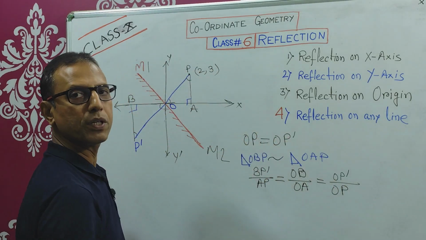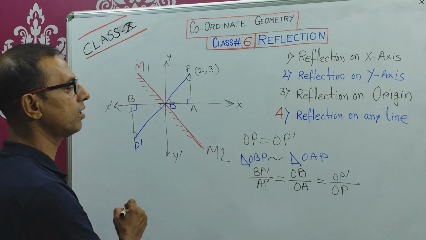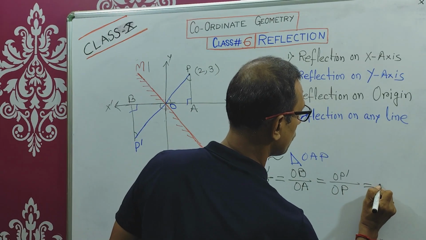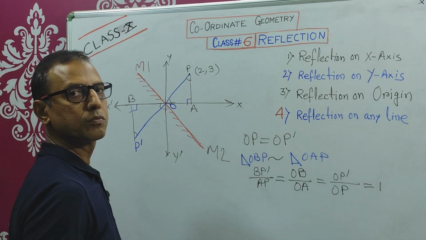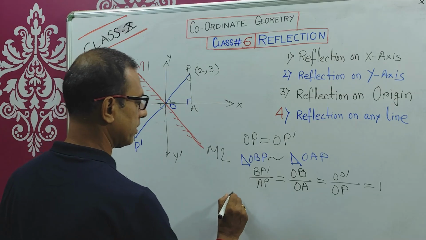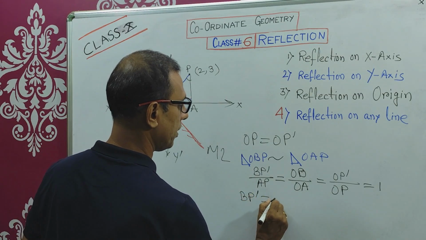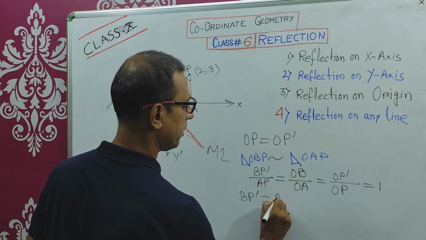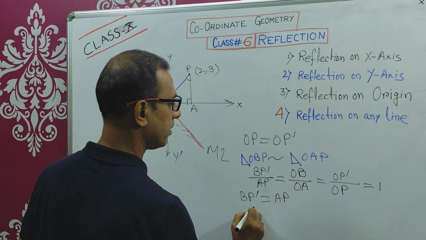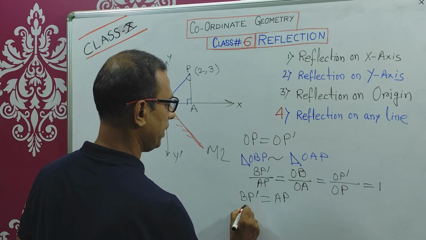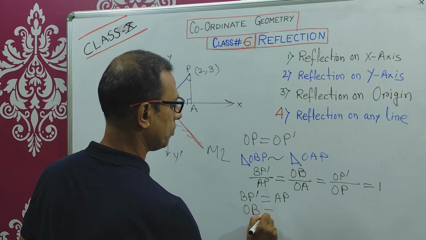Now OP equals OP dot already as per the property of reflection, so that equals 1. In that case, BP dot equals AP and OB equals OA.